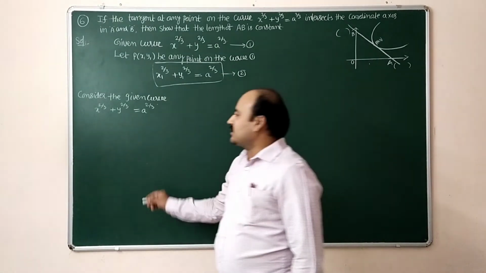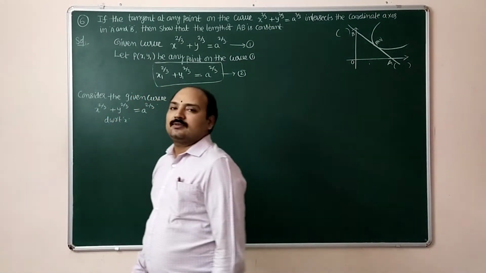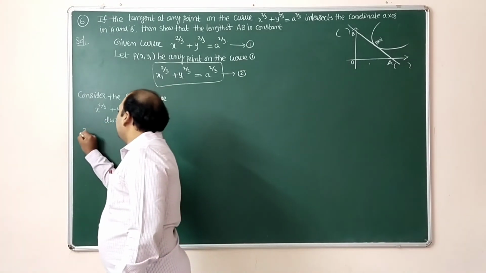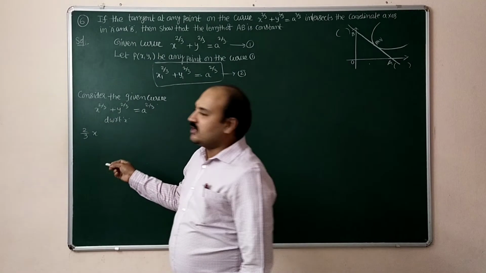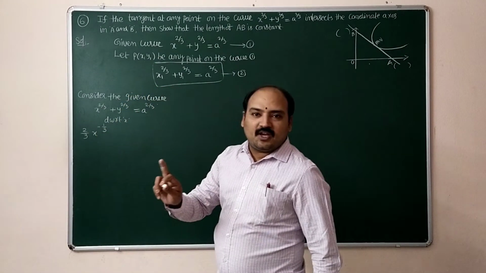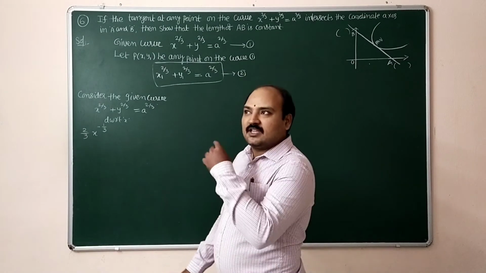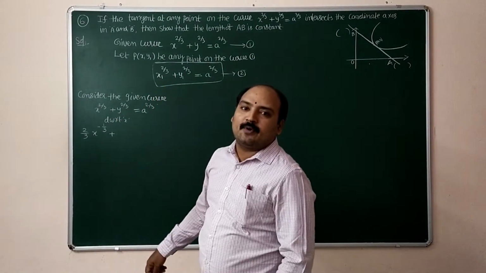Differentiate with respect to x. The derivative of x power 2 by 3 is 2 by 3 into x power 2 by 3 minus 1. What is 2 by 3 minus 1? 2 minus 3 by 3, that is minus 1 by 3. Plus again the differentiation of y power 2 by 3.